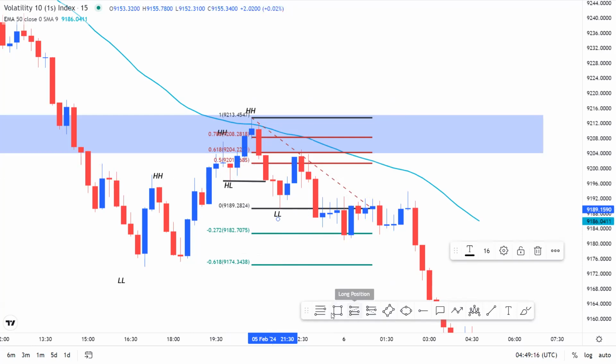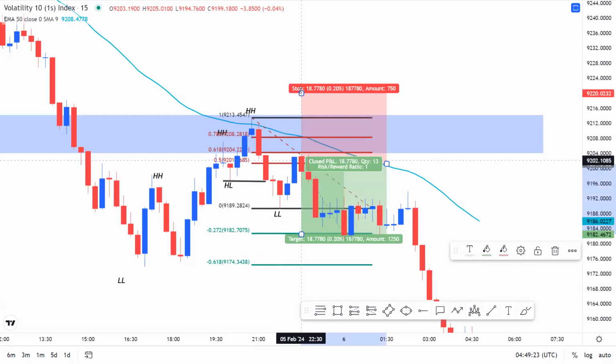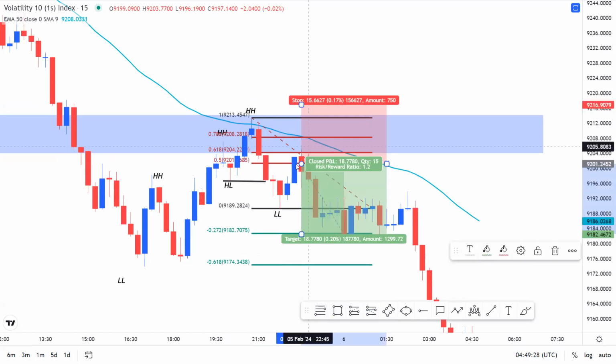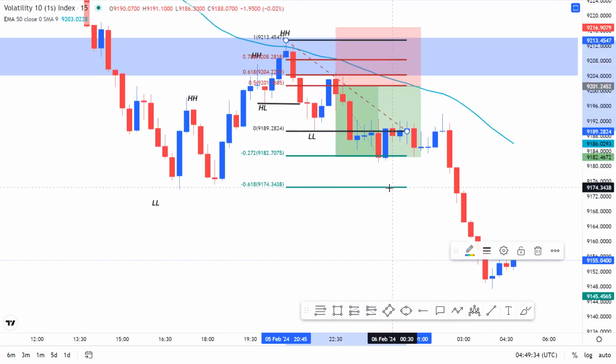That's where I would enter an aggressive sell entry, as soon as price taps into the 50 fib level. And that's the job of the Fibonacci retracement tool.